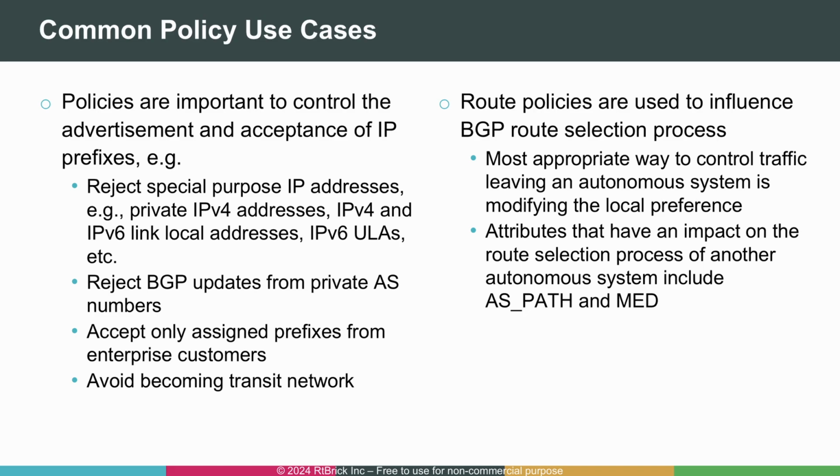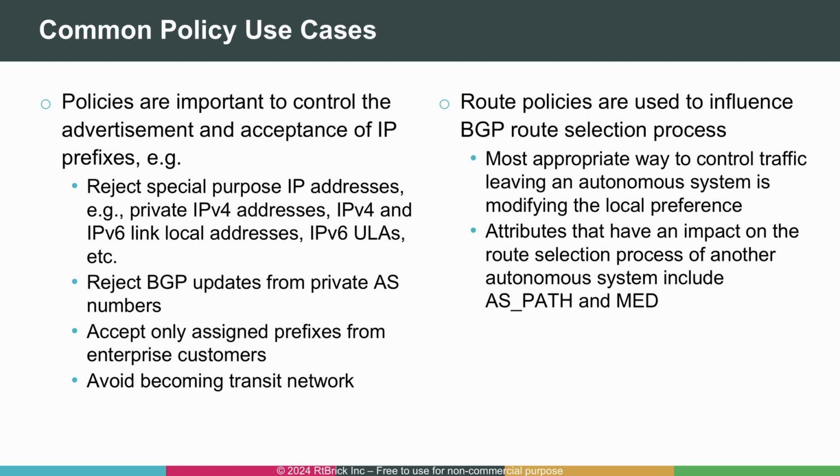Policies help control the advertisement and acceptance of both IPv4 and IPv6 prefixes. For instance, they can reject specific IP addresses, such as private IPv4 addresses, according to RFC 1918, IPv4 link local addresses, IPv6 link local addresses, or IPv4 unique local addresses.